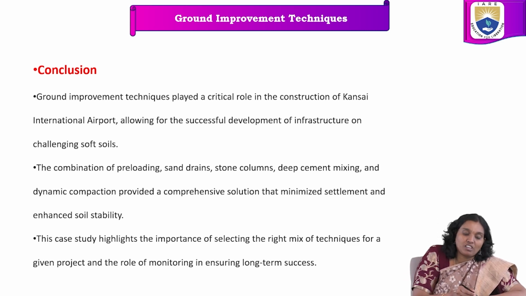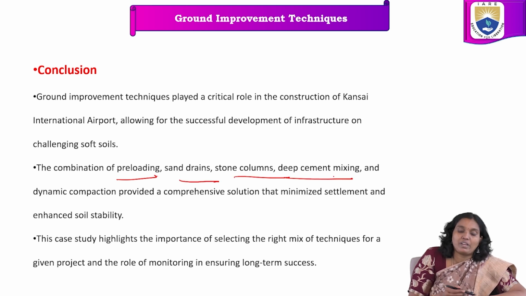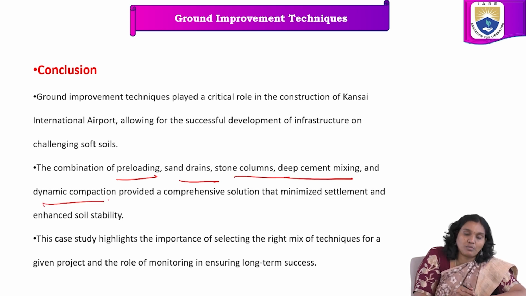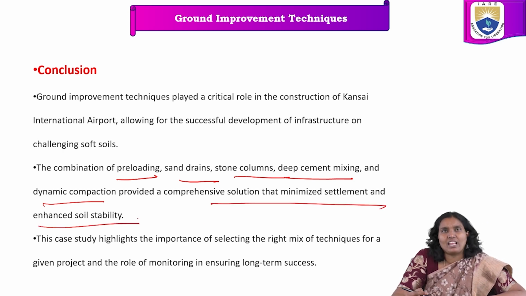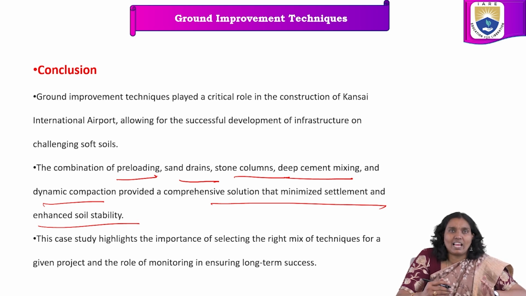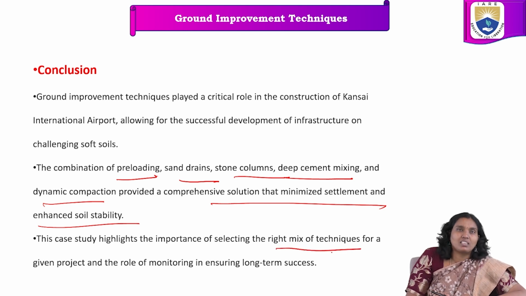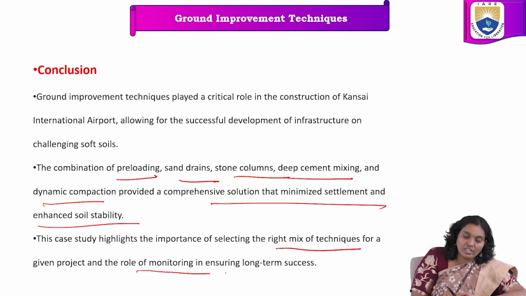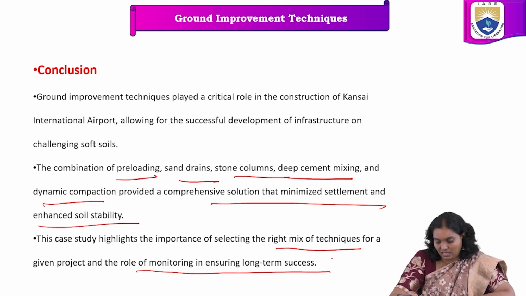The combination of preloading, sand drains, stone columns, deep cement mixing and dynamic compaction provides a comprehensive solution that minimizes settlement and also improves soil stability. This case study highlights the importance of selecting the right mix of techniques for a given project and the role of monitoring in ensuring long-term success.